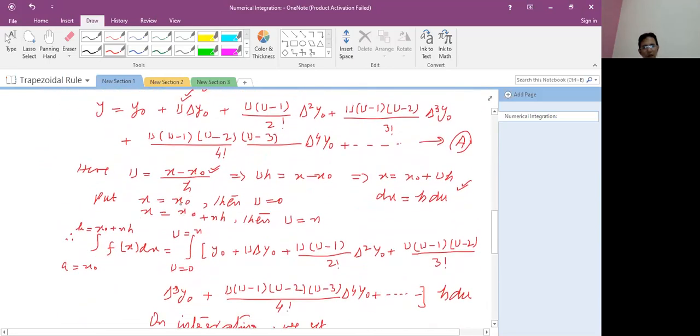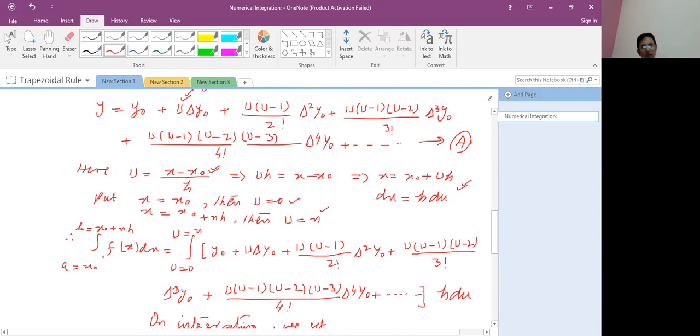So when we consider x naught minus x naught, it is 0, and 0 divided by h is 0. So u is equal to 0. But when we put x naught plus nh, it means x naught divided by x naught, and nh divided by h, so u is equal to n. So we will determine the limits of u as 0 to n.